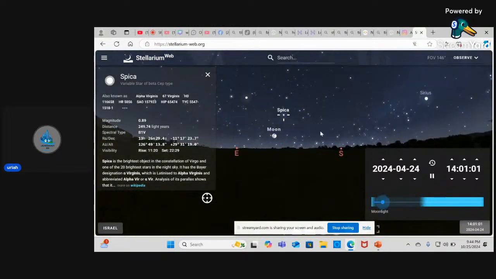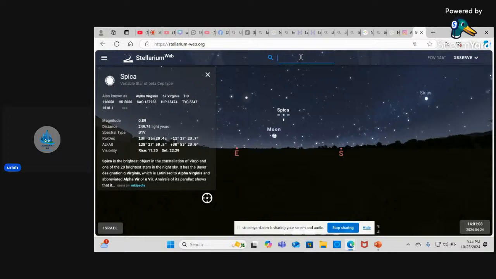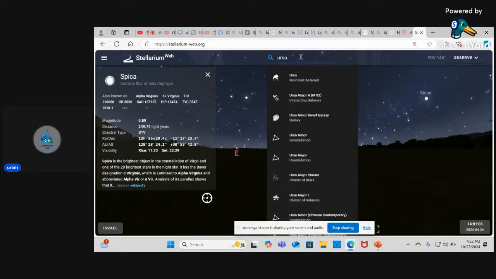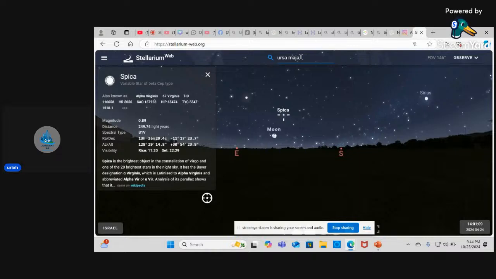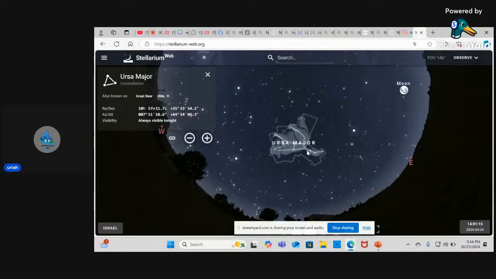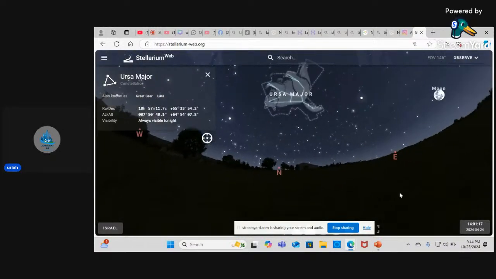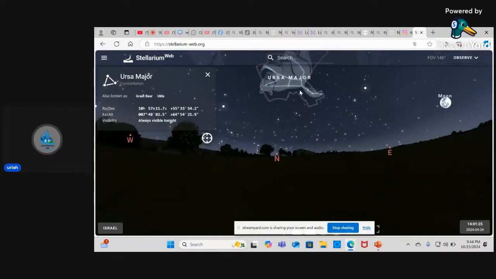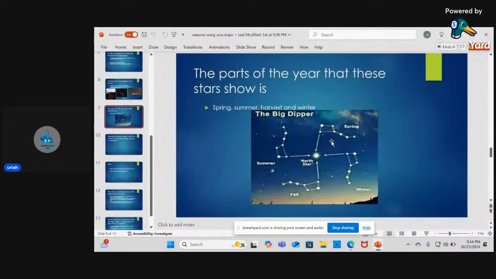And notice what Ursa Major looked like. It's in this position. The same position. The first month in the year, the first day of the month is the same position as this diagram. It's very simple.